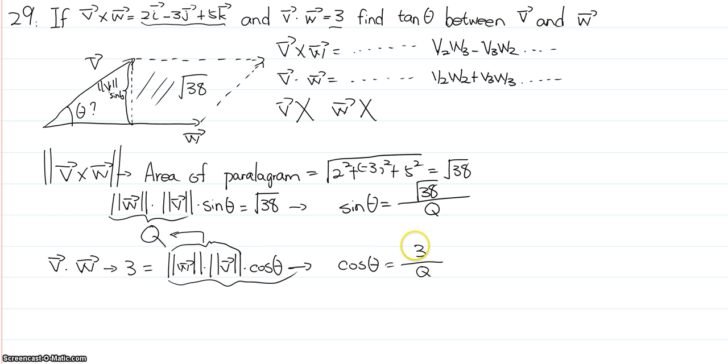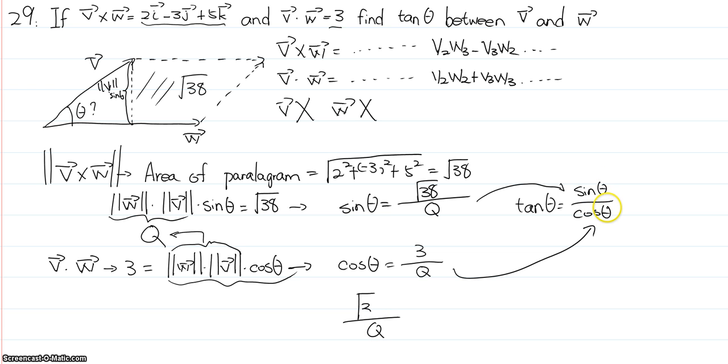So you have cosine theta equals 3 over Q. And now you will see that since tangent theta is sine theta over cosine theta, you can just plug in sine theta as this and cosine theta as that, and you find it's Q over square root of 38 times 3 over Q, which is 3 over square root of 38.